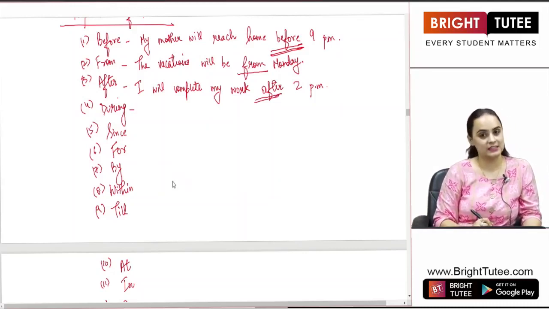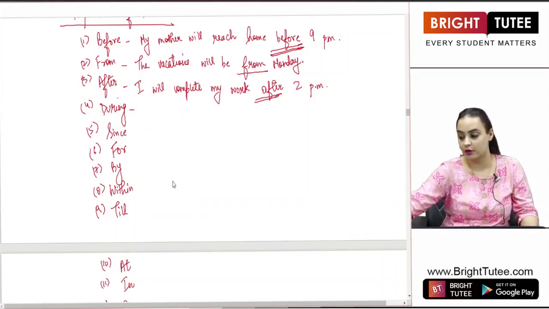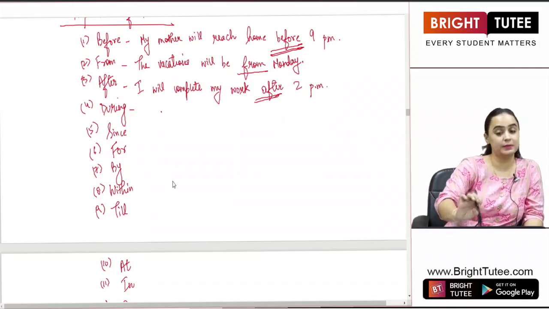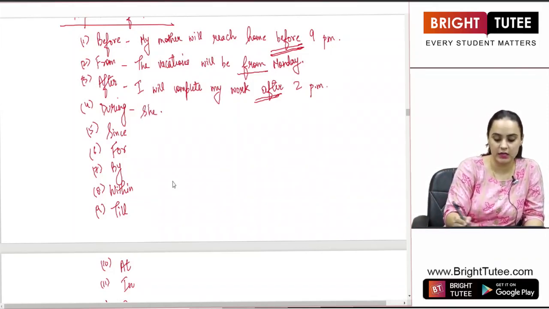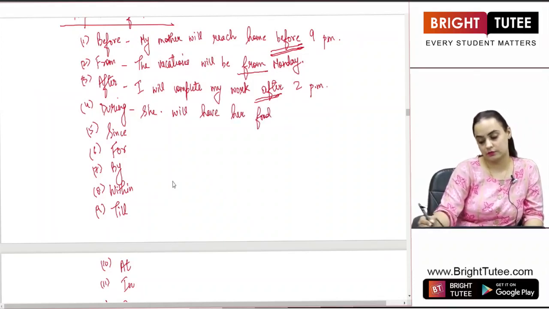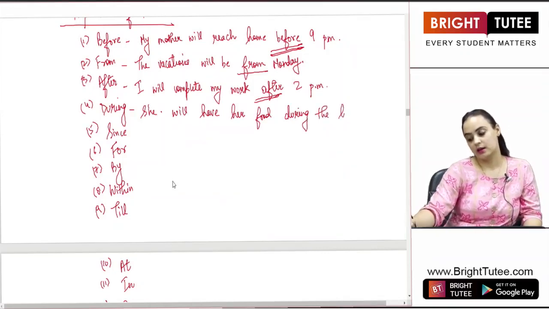During. The next preposition is during. If I give you an example of during, if I say, since I am repeating this pronoun, so she will have her food during the lunch break.